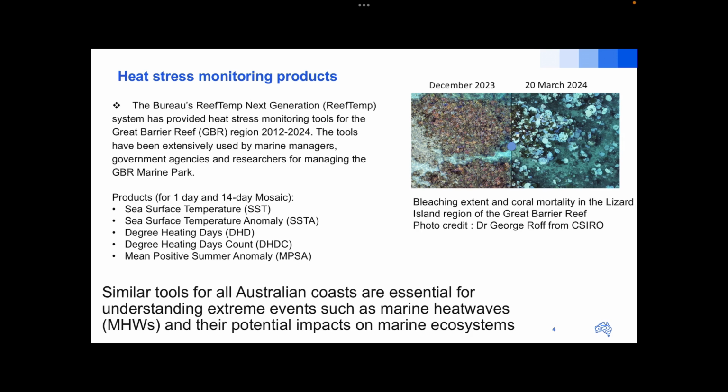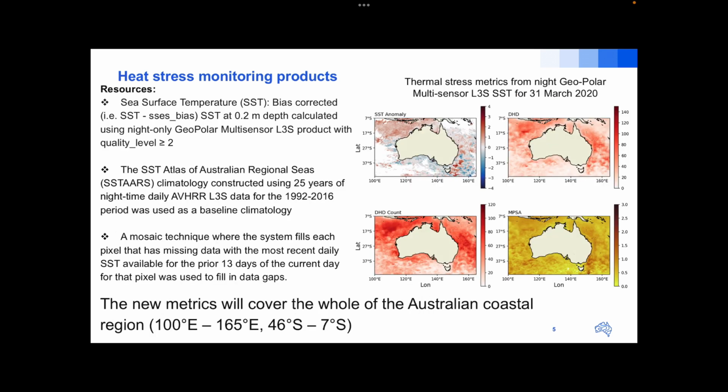Similar tools for all Australian coasts are essential for understanding extreme events such as marine heat waves and their potential impacts on marine systems. For our new metrics, we use bias corrected SST at 0.2 meter depth, calculated using the night-only geopolar multisensor L3S product with quality greater than 2.